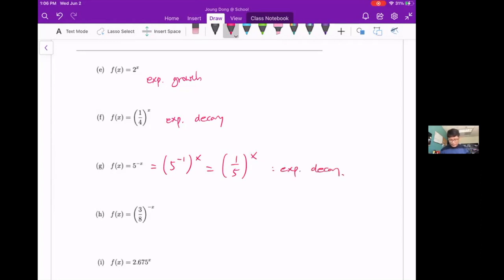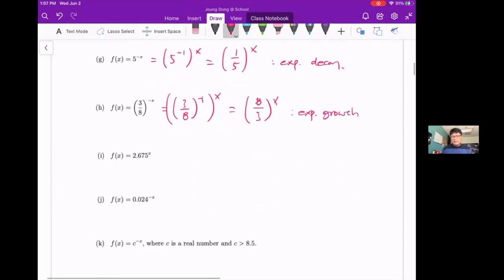And then H, another negative power. We can do it this way: 3/8 to the negative 1, to the x. I split your power as negative 1 times x. So that is equal to 8/3 to the x. That is exponential growth because your base is 8/3, which is bigger than 1. Look at I. Even if it's a decimal number, it doesn't matter.